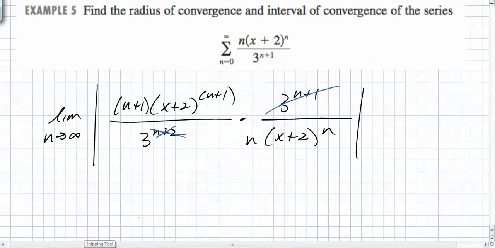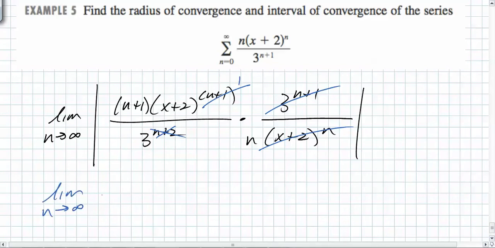Now what about the rest? You have x plus 2 to the n over this. So this goes away, leaving you with just what? 1, you sure? It's n plus 1 over n, so it's just 1. Very good.